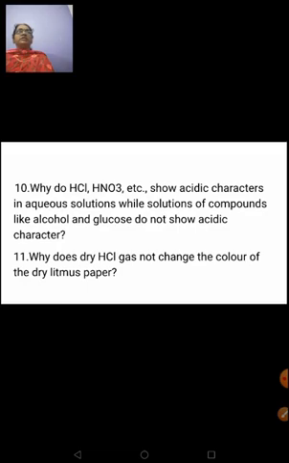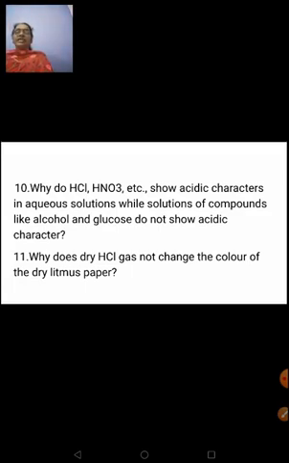These compounds like hydrochloric acid and nitric acid dissociate in aqueous solution, which results in the production of hydrogen ions. That means what? Hydrogen ions separate out. Whereas the compounds like alcohol and glucose, though they contain hydrogen ions, they do not separate out these hydrogen ions when they are in aqueous solution, like how the acids do.